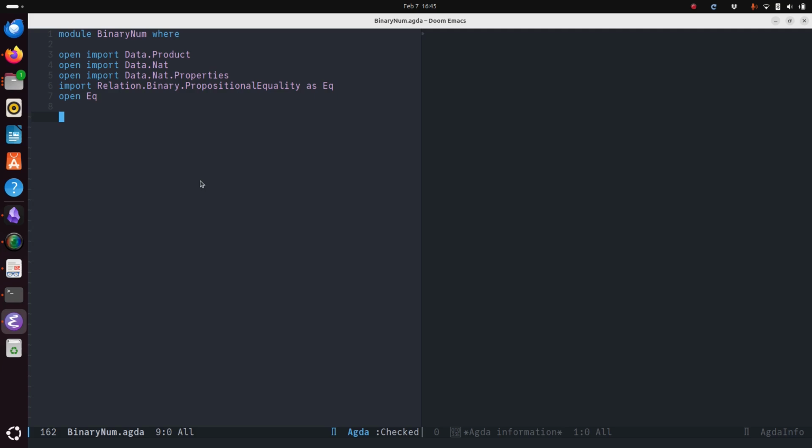Let us go about defining our binary data type. This type allows us to have somewhat intuitive binary representation. Let me define a few helper functions.